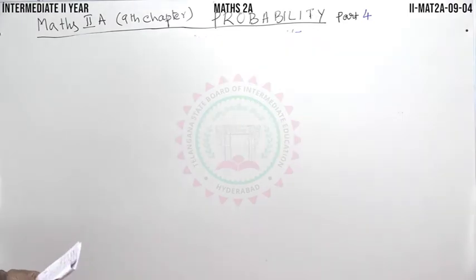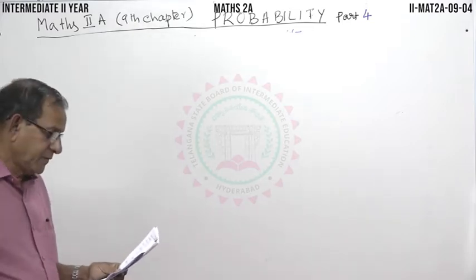Next I will explain one more sum. A pair of dice is rolled.